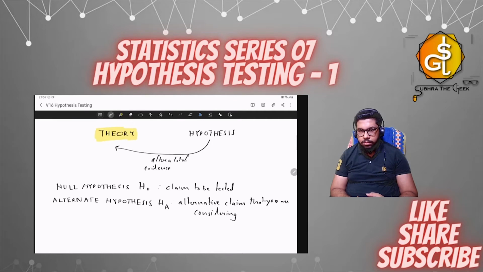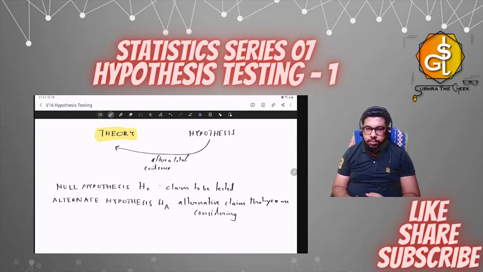And in statistics, or in simple data science and machine learning, this can be a parameter of interest, right? So if you have a mean, let's say you want to say that the mean is definitely more than 7 or something. That statement becomes your null hypothesis, and then the alternate hypothesis is just the complement of this: you're going to say that the mean is not more than 7.